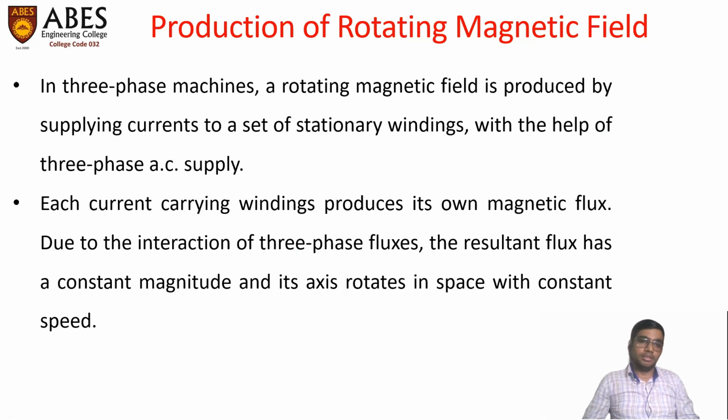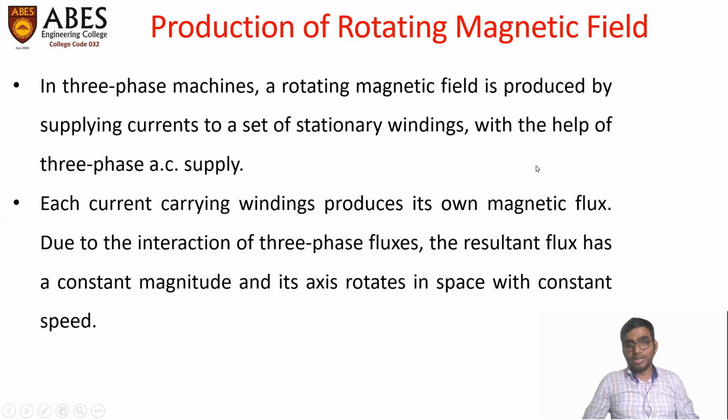But the resultant of all the three magnetic fluxes is of rotating nature, which rotates in space with constant speed, the synchronous speed, and the magnitude of this resultant flux is constant.